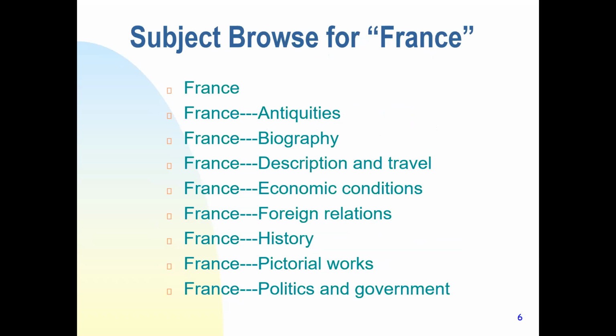This is an example of what a browse search would look like. In fact, in our Polaris database, we can only see this kind of thing when we do a browse search. It shows the main topic, France, and then all of the subdivisions that give you a narrower focus.